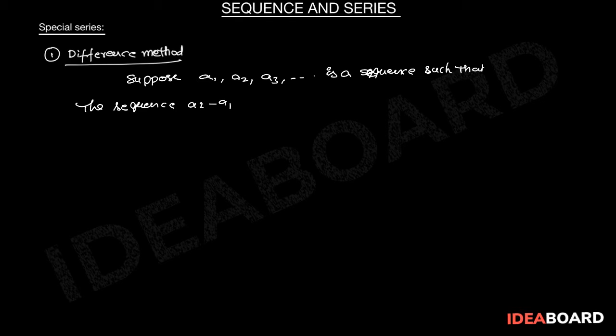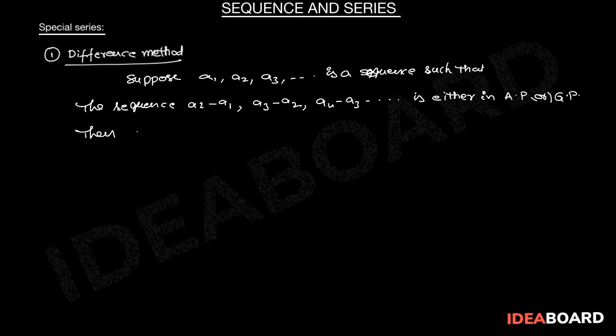Suppose a1, a2, a3 and so on is a sequence such that the sequence a2 minus a1, a3 minus a2, a4 minus a3 and so on is either in AP or geometric progression.